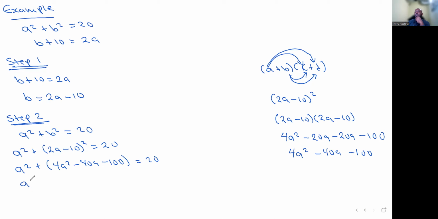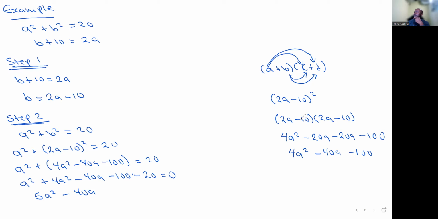You open the bracket, it'll be a squared plus, so everything remains the same. But we take the 20 to the other side, it will now become minus 20 is equal to 0. So let's go. A squared plus 4a squared will give you 5a squared minus 40a. There's no other a there, so it's going to be minus 40a. Then we have minus 100.